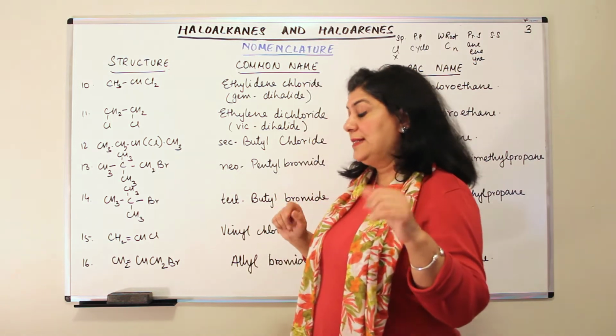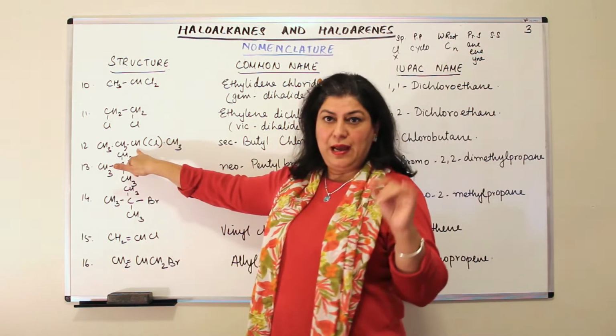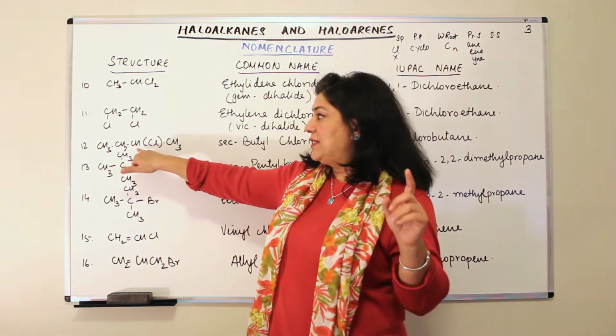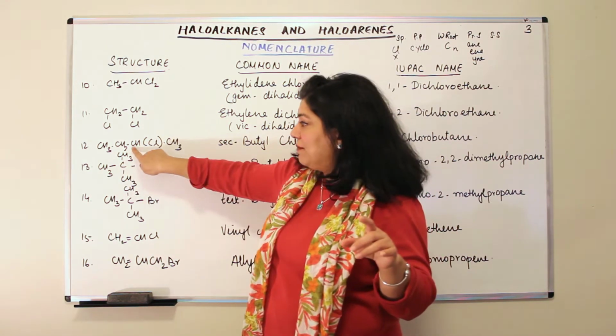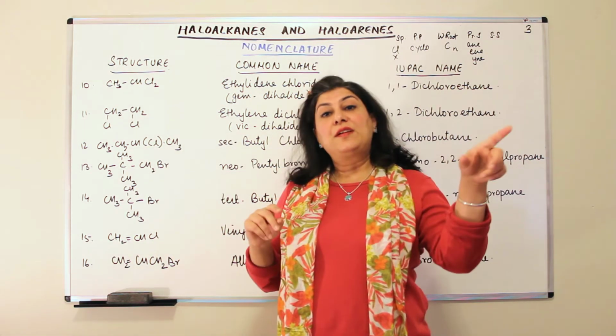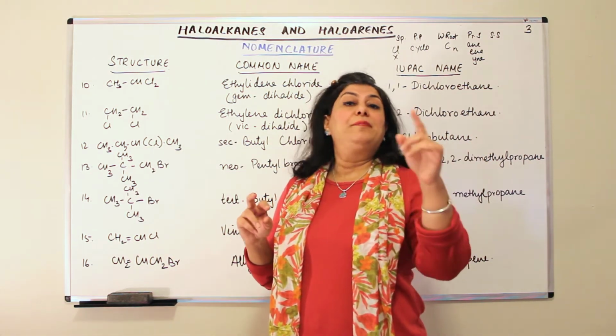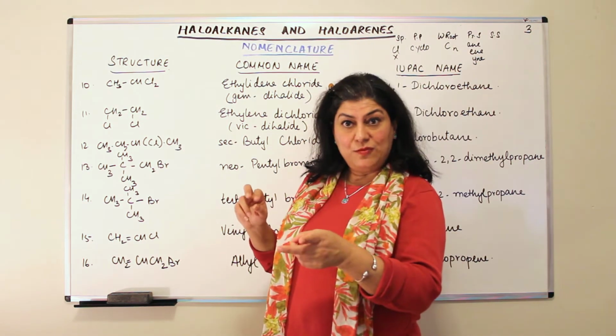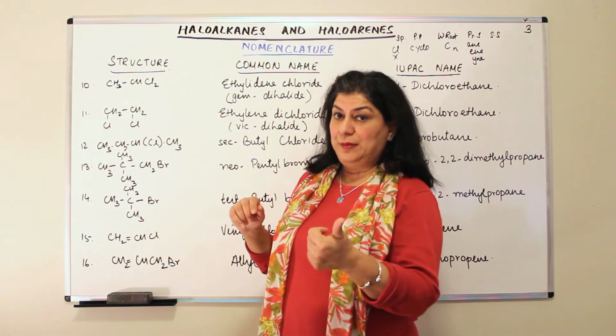Another way of saying it is that if the alpha carbon is the carbon to which the substituent is attached, that is chlorine is attached to the alpha carbon, so this becomes the alpha carbon. If the alpha carbon is attached to only one other carbon atom, that alpha carbon is a primary alpha carbon. If it is attached to two other carbon atoms, it is a secondary alpha carbon.